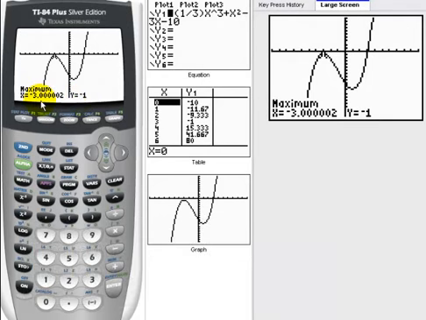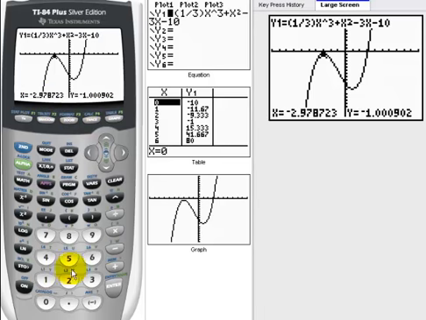So the x is pretty darn close, and in fact if I hit trace and punch -3, I can see that exactly at -3 the y is -1. So it does the best it can to give me the exact x value. Sometimes it gets real close, but not exactly there, but the y value that it had given me was definitely the maximum y value in that region.